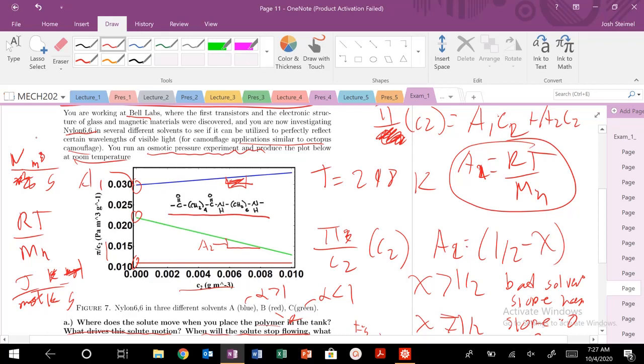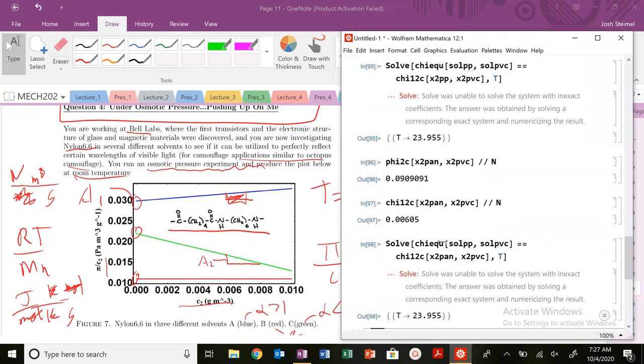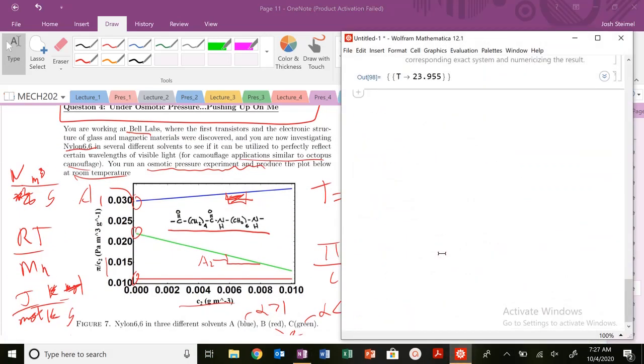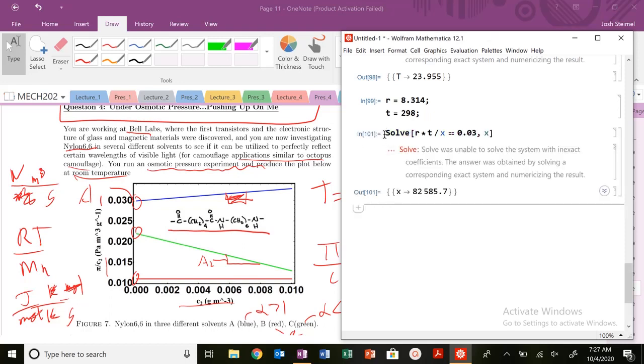Everything's working out. So if I want to find the degree of polymerization, i.e. my highest molecular weight, I'm just going to plug in. R equals 8.314, T equals 298. Then I need to solve for Mn. So I solve R times T divided by X, set equal to 0.03, and then solve for X. Okay, it's this inverse relationship.